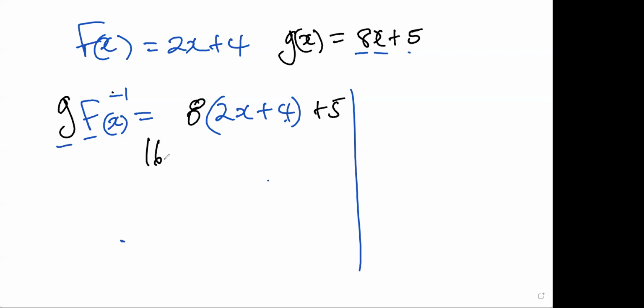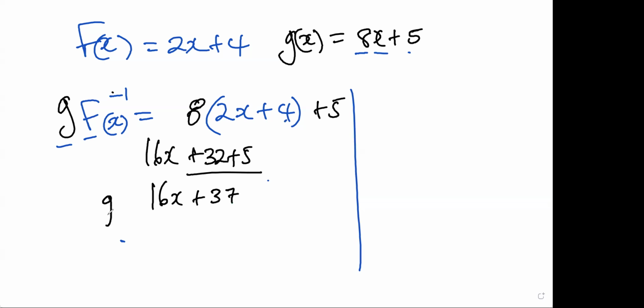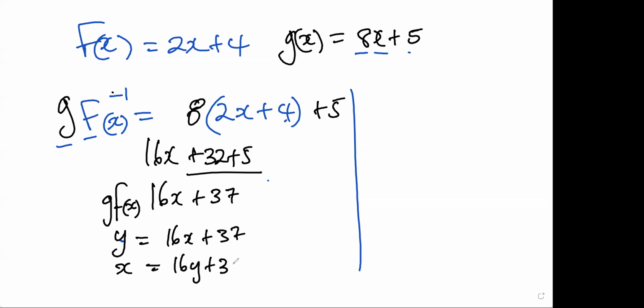8 times 2, 16. And of course we have x, so that will give us 16x. 8 times 4, 32. These are the only like terms, so that will be 37. So all we need to do now, find the inverse of this. So we change the function to y, interchange x for y and y for x. Solve for y now.